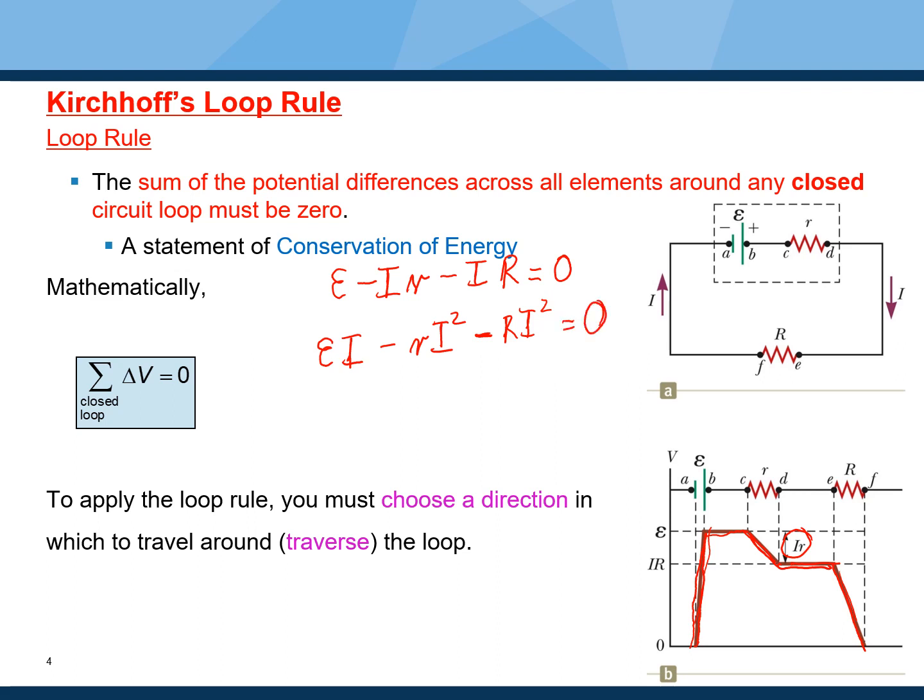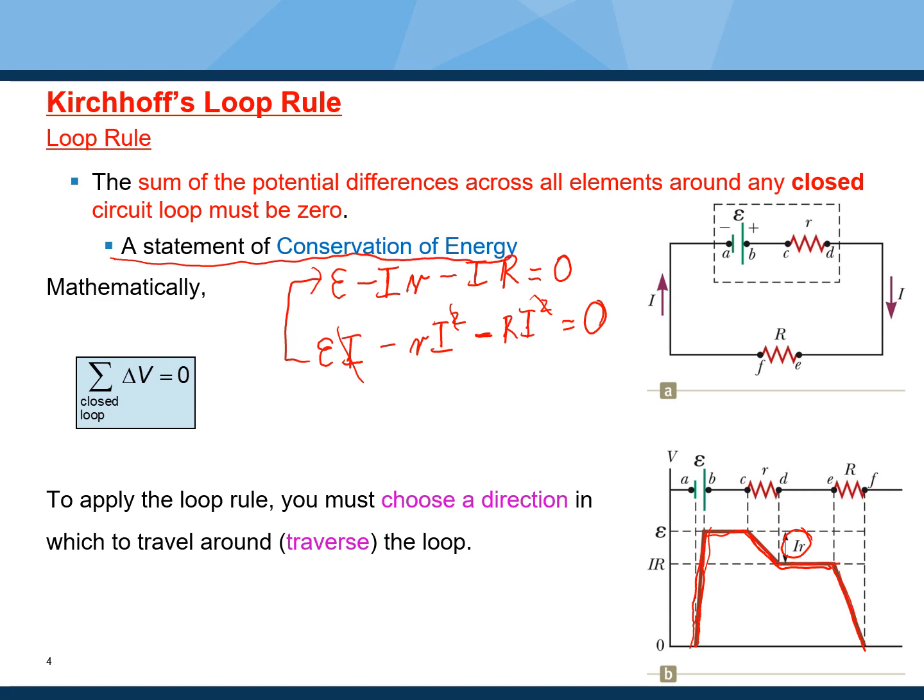Now notice that if I cancel off one factor of I in here, I obtain exactly the same equation as the one that we obtained before, which gives us the idea that in fact Kirchhoff's loop rule is basically a statement of energy conservation.